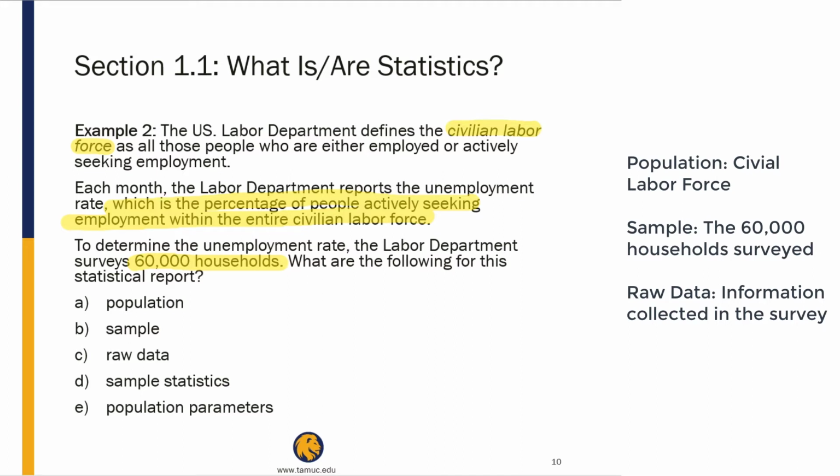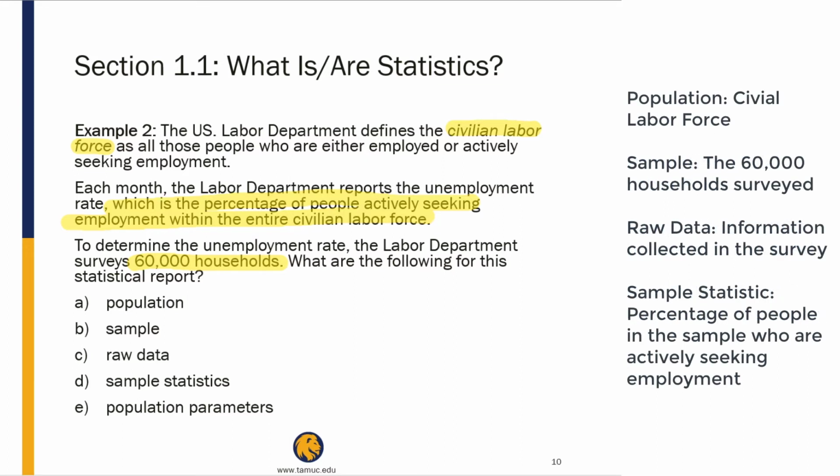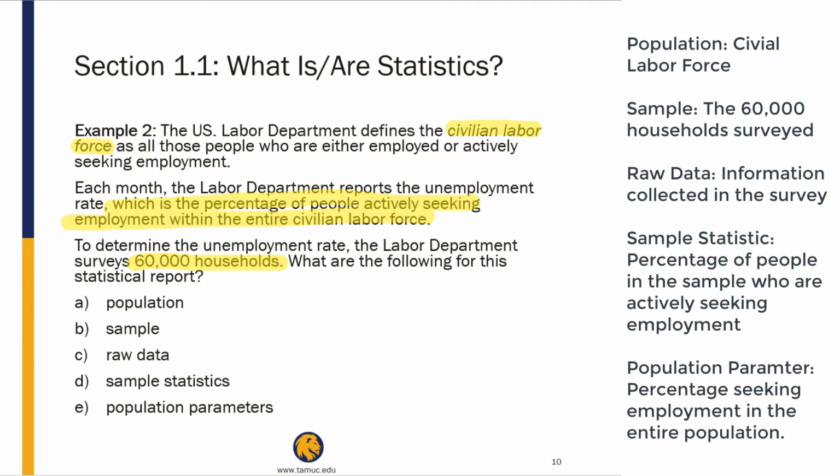And from there, they create the sample statistics, which summarize the raw data for the sample. So in this case, the most relevant sample statistic is the percentage of people in the sample who are actively seeking employment.